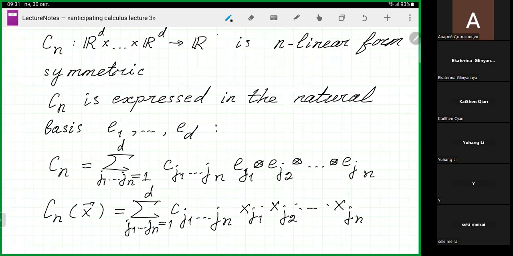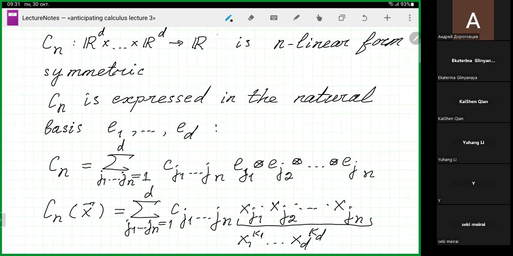So we have to rewrite this part like x1 in k1 power multiplied by xd in kd power.